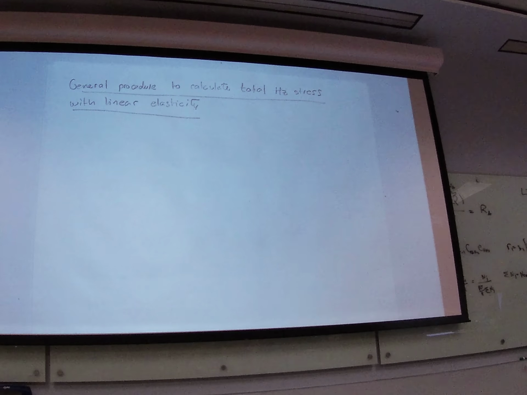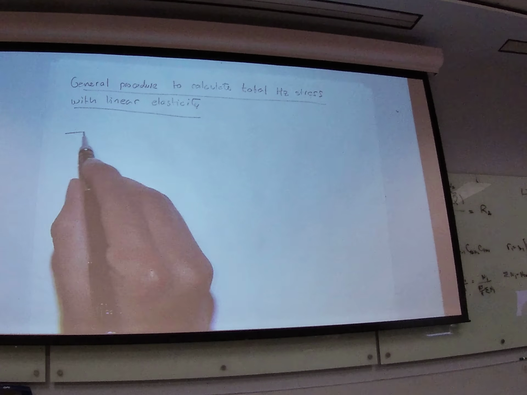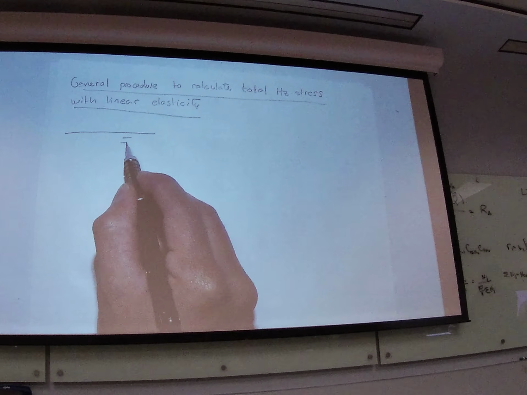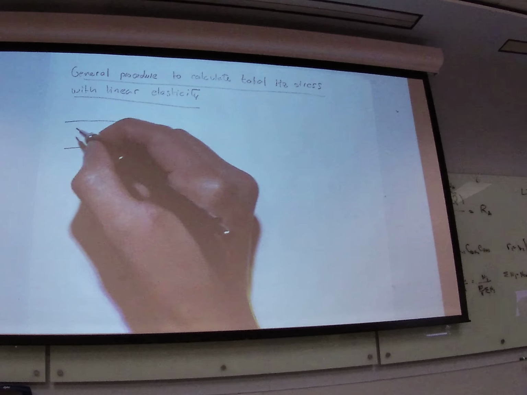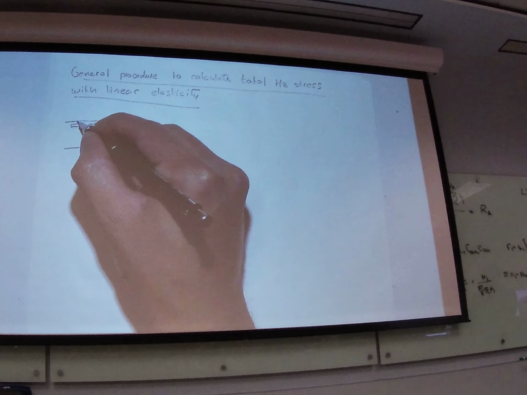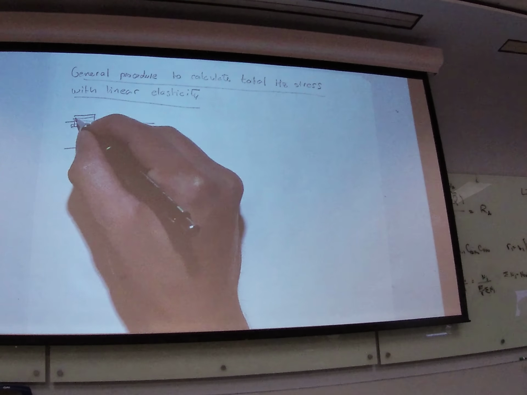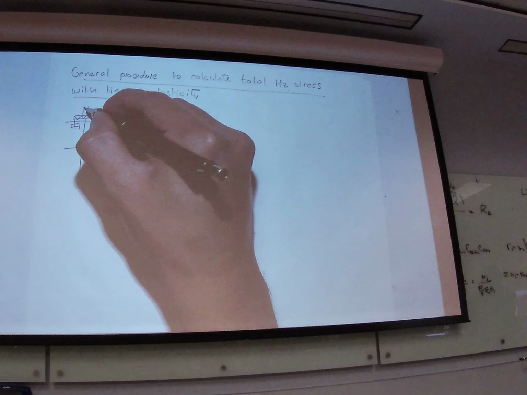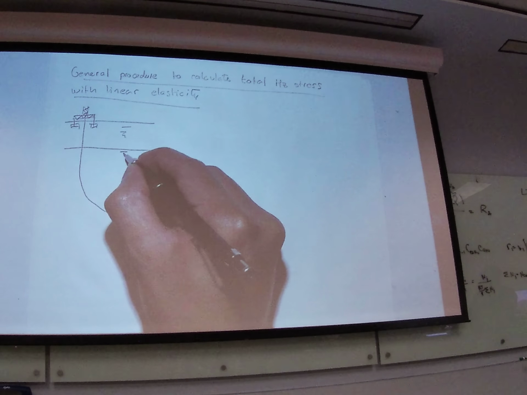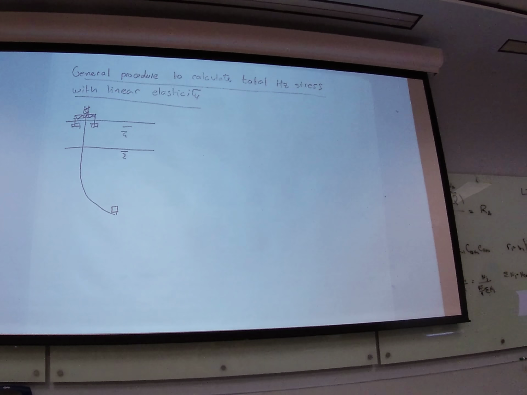Okay, so this method is going to consist of, in general, 5 steps. Let's say that you go to a particular location where you want to compute the horizontal stress. And I'm going to make it general. It's going to be a place offshore. Wait, that should be seafloor.